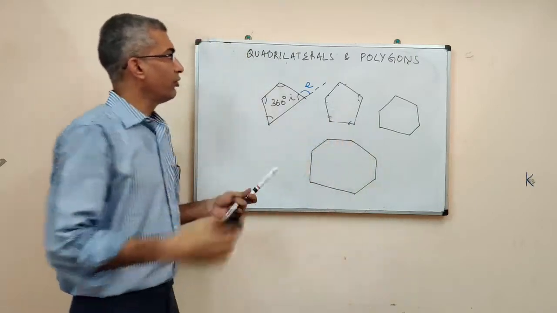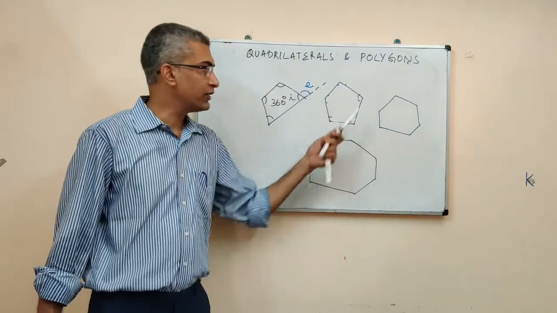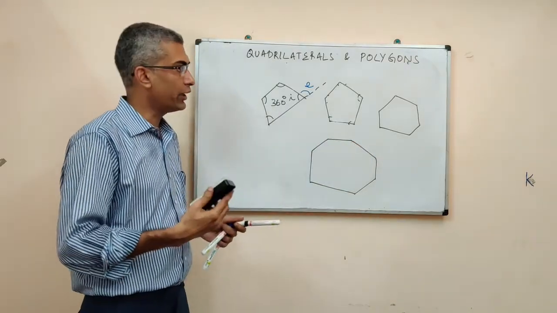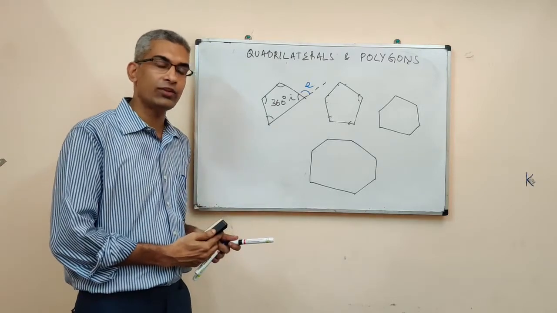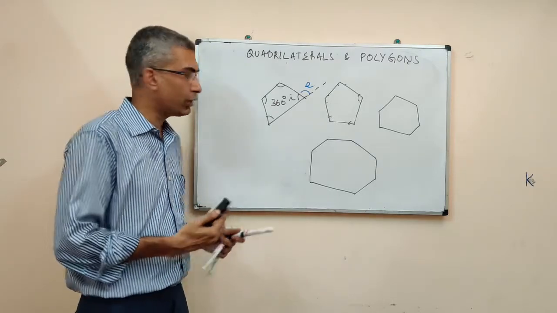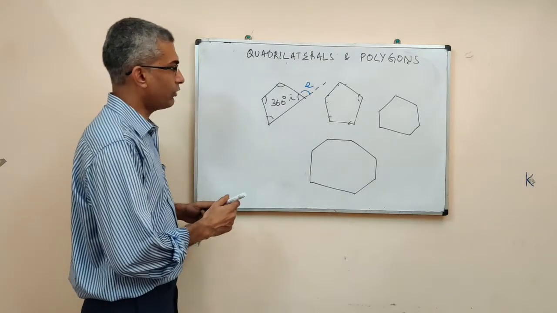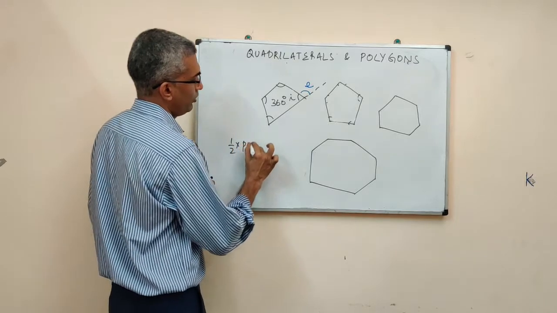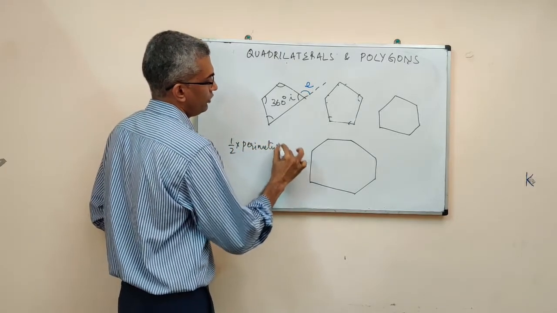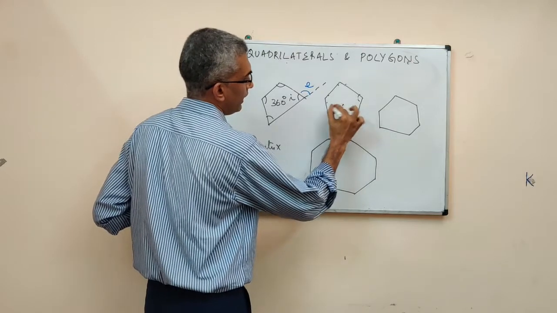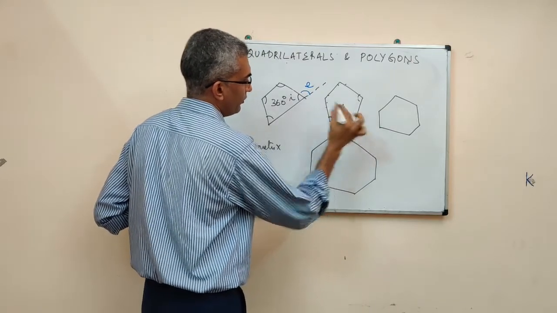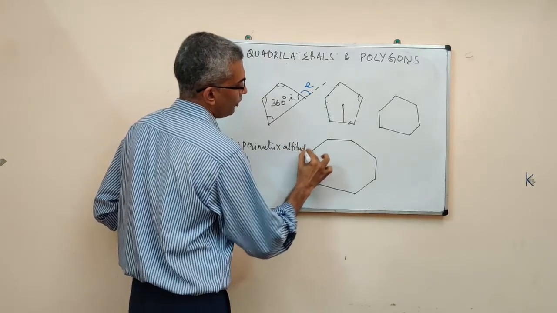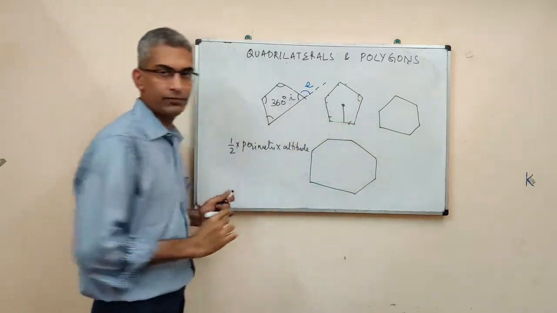Now, as I said, we have quadrilaterals, pentagons, hexagons, heptagons, etc. If in a quadrilateral or a polygon all the sides are equal, we call it a regular polygon. The area of a regular polygon is given by half into perimeter into the length of the altitude drawn from the center to any side.